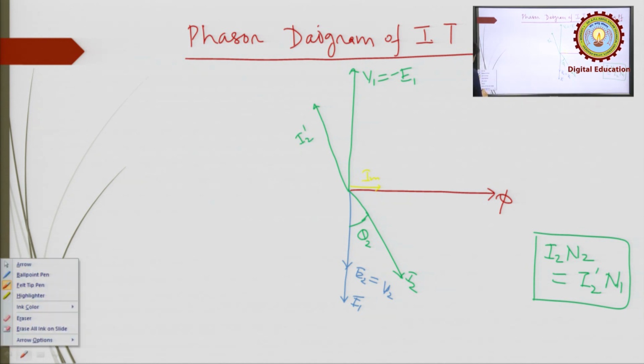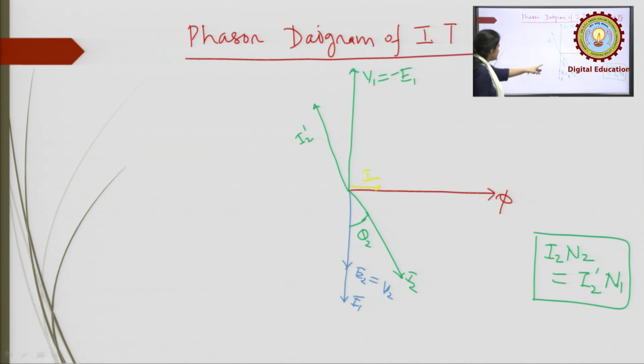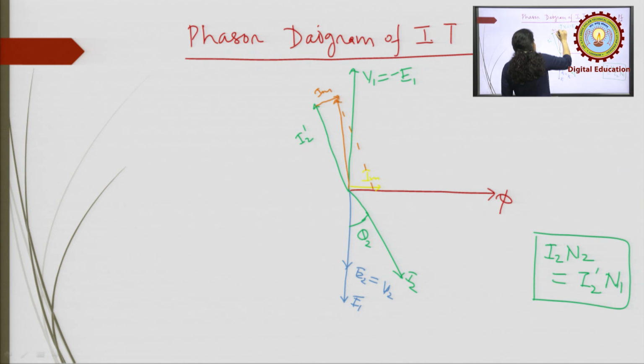Now, the phasor sum of this Im and I2 dash will become this I1. Okay, and this will depend upon the degree of this theta 2.